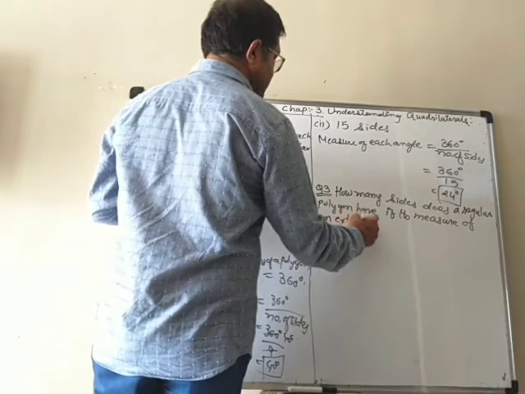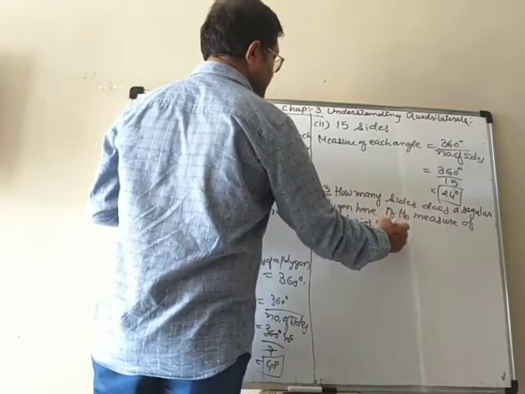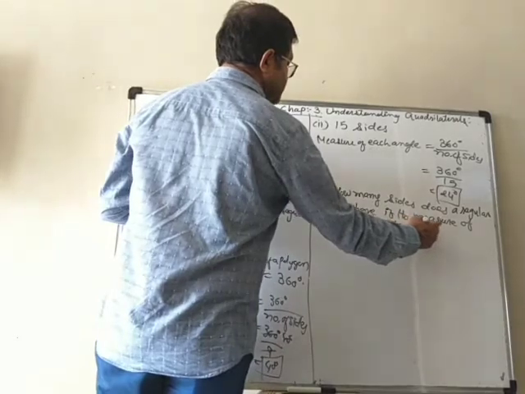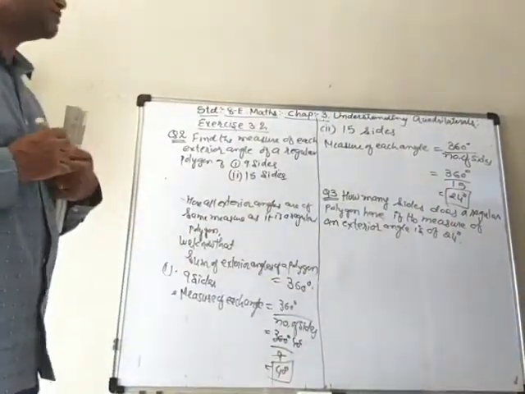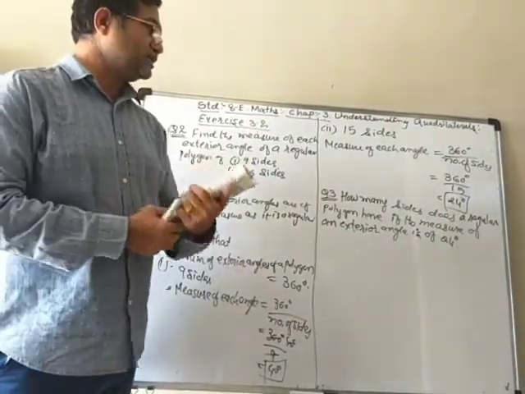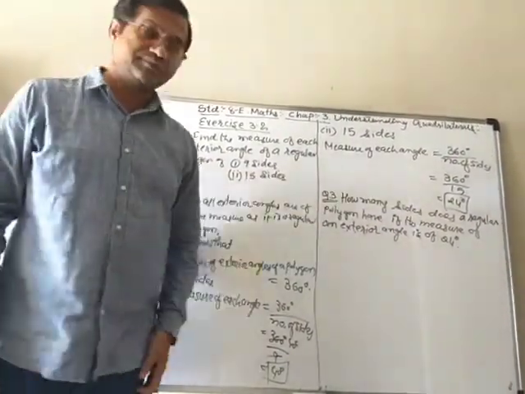An exterior angle is of 24 degree. It means that here there is a reverse of that.